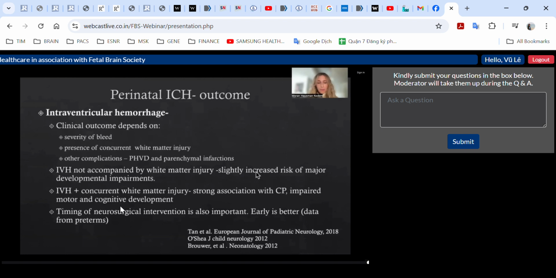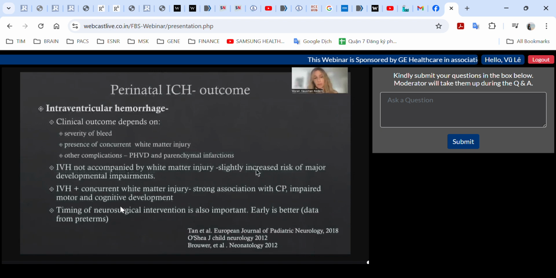And another very important point is the timing of neurosurgical intervention, which can also affect the neurodevelopmental outcome. And we know from data for preterms that the earlier is better, and there is a need for a follow-up assessment on the development of post-hemorrhagic hydrocephalus, including in utero.